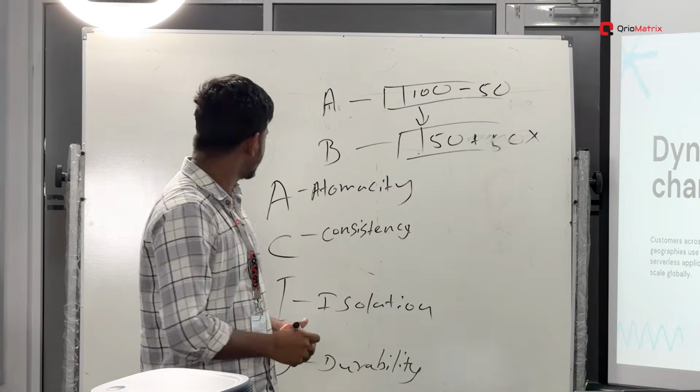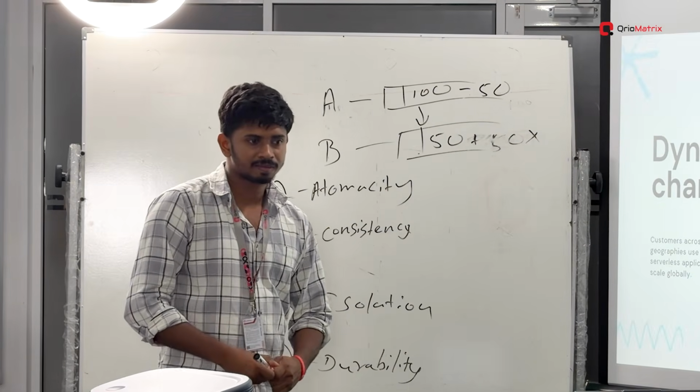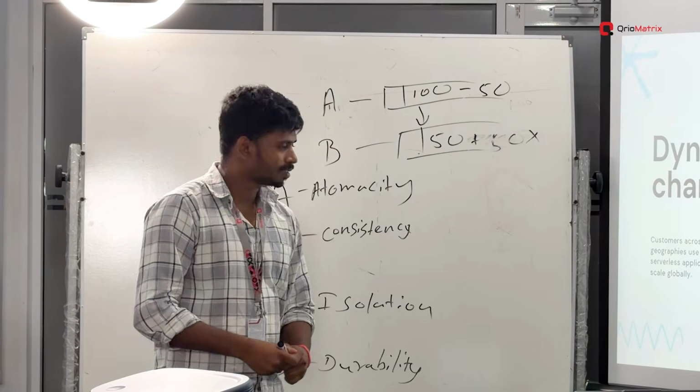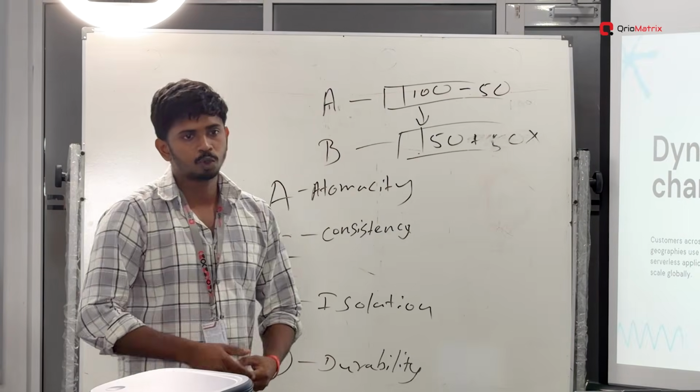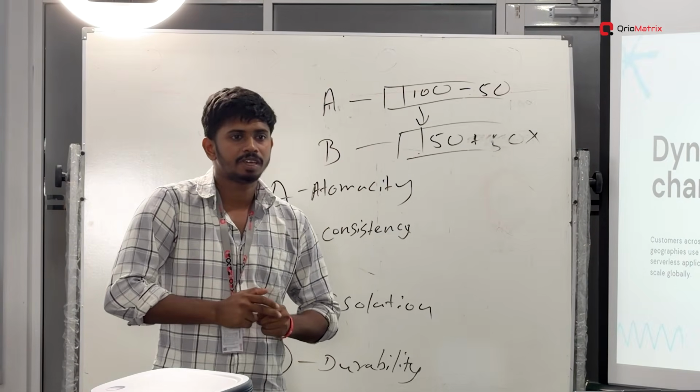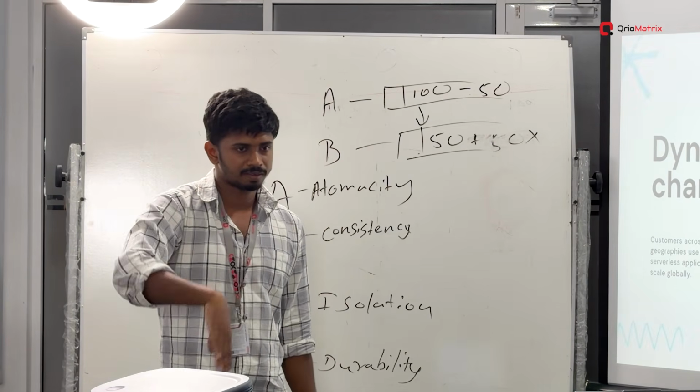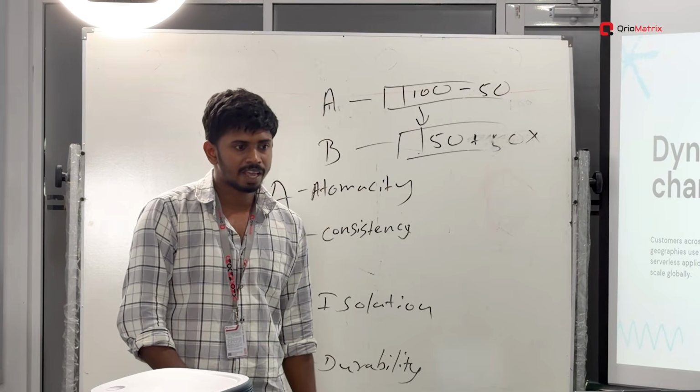So what does this mean? Atomicity means what we discussed: these two transactions can either succeed or fail. There cannot be other scenarios.